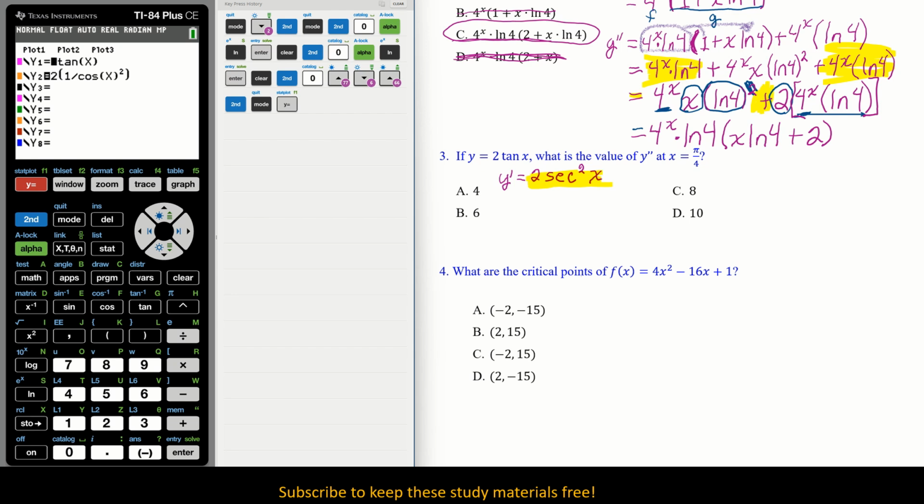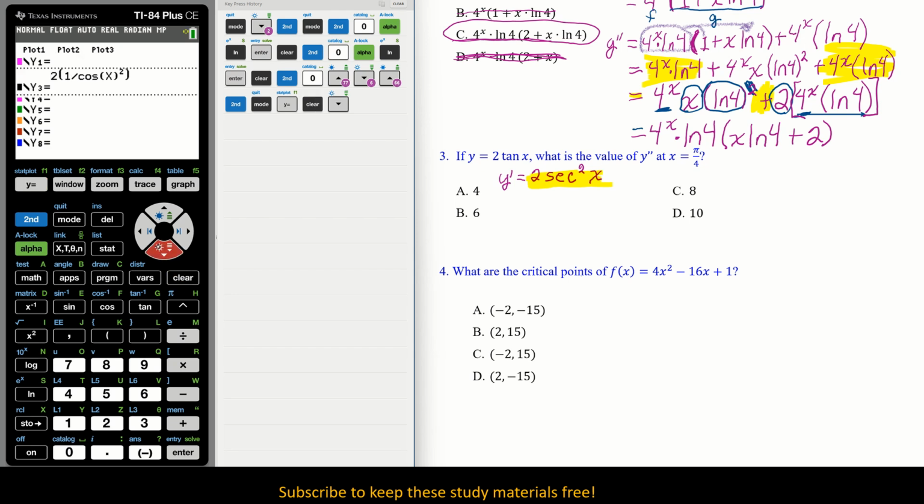What we're going to do is push Y1, or Y equals. Now look at what I have. See how I have second tangent? Now look at what I have here. I have put in 1 over cosine squared. Well, that's really what we need here.